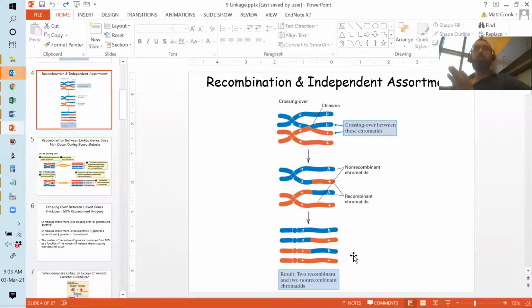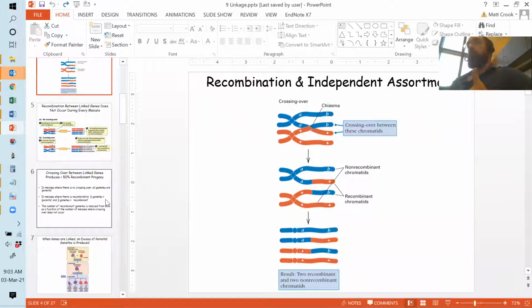We're not generating new information here. We're simply taking the information that is present in that individual and shuffling it up so we get different combinations of alleles already present in the offspring. So that's the purpose of recombination, or one of the 2. The other is holding those homologous pairs together.